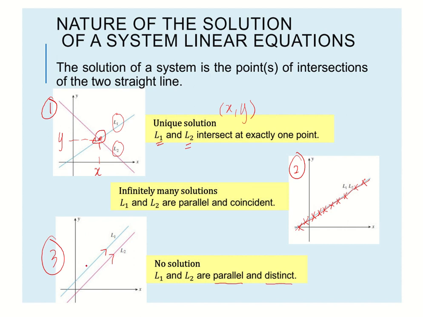For this system, is there any intersection point? From the graph, we can see there is no intersection point. So we say no solutions. So for the third situation, it has no solution.